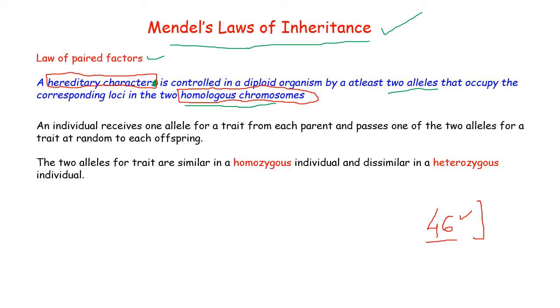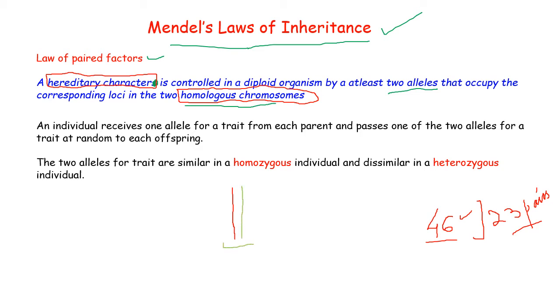So 23 are paternal and 23 are maternal. Overall we have 23 pairs of chromosomes. Each pair is a pair of homologous chromosomes. So in each pair we have one chromosome from the mother and another chromosome from the father.